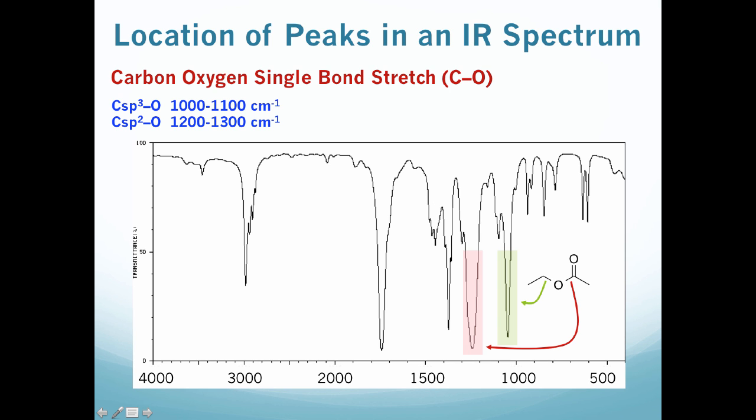Now if we move to an ester, we have our sp2 carbon-oxygen stretch. So that's a result of the bond between this carbon and oxygen, and that's very distinct right around 1250.